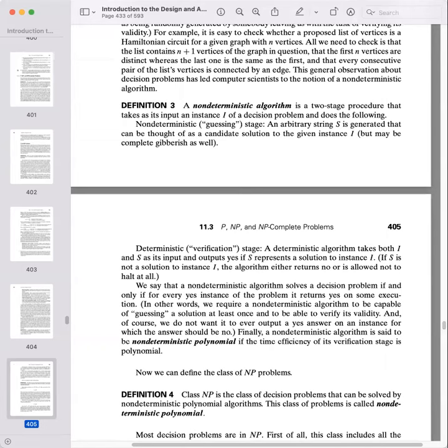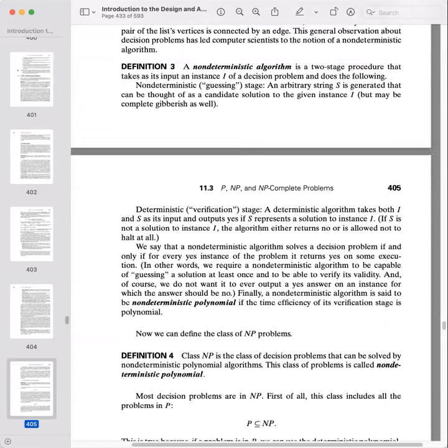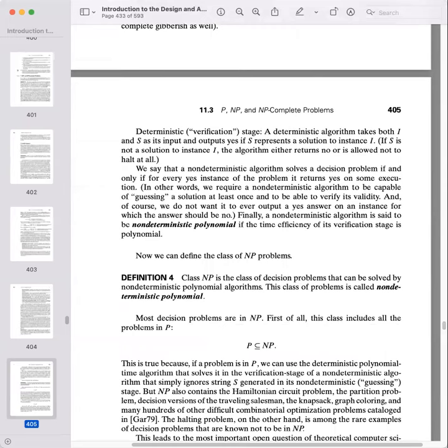Okay, so most decision problems are NP, because NP includes all the problems in P. If you can solve it directly in polynomial time, then you can certainly determine if a potential solution is correct in polynomial time. So we know that P is a subset of NP.